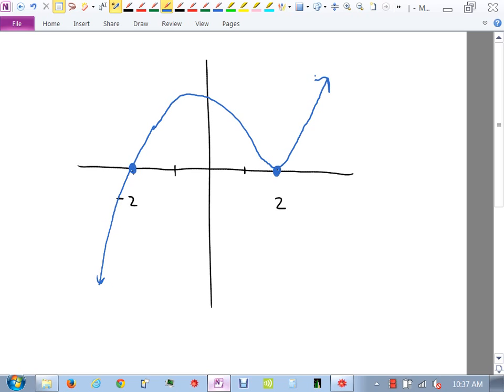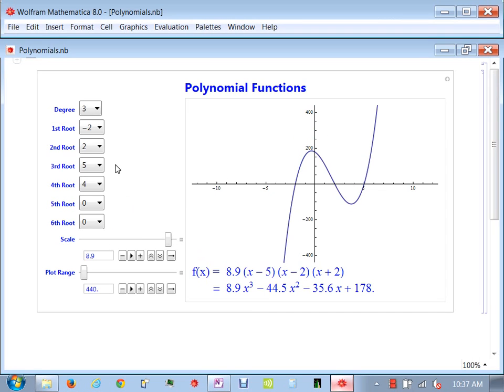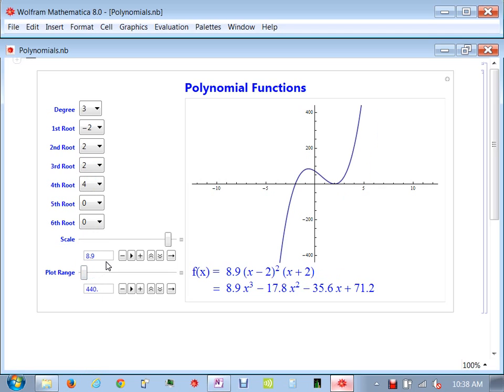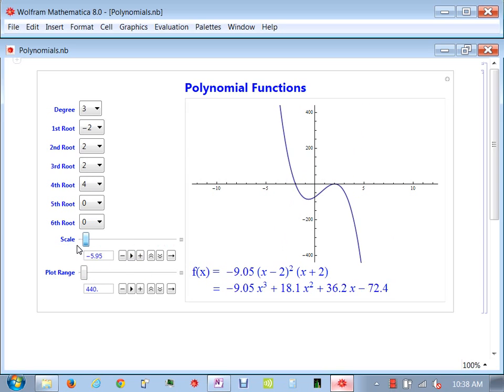This isn't so bad, or? The problem for us is going to be the factoring. Because right now I've stuck to things you can factor. Like with this, what if we go x to the 4th? Then we're going to run into some issues. A quick check of this. It's still 3rd degree. I had -2. I had 2, and wasn't 2 a double root? It was x minus 2 and x minus 2 twice. So for my program, I just have to put +2 in twice. There it is. And, oh, this is scaled all wrong.